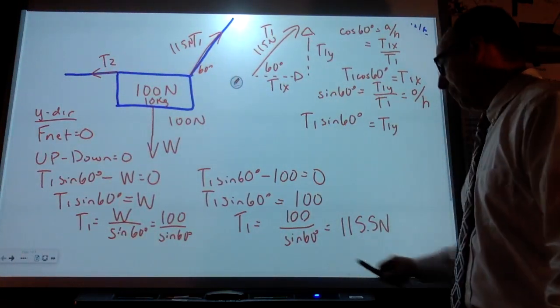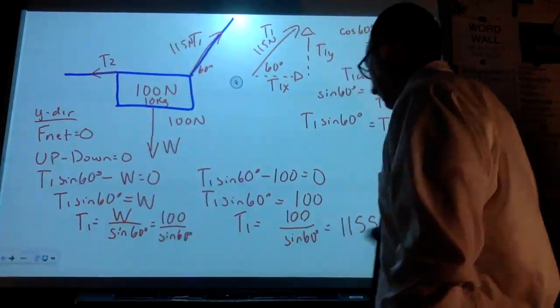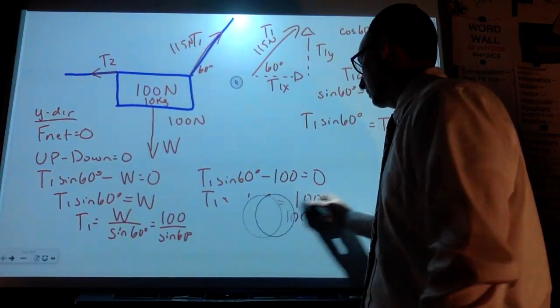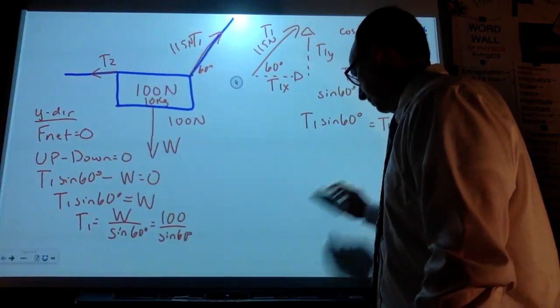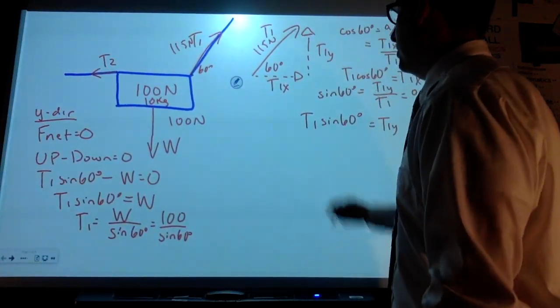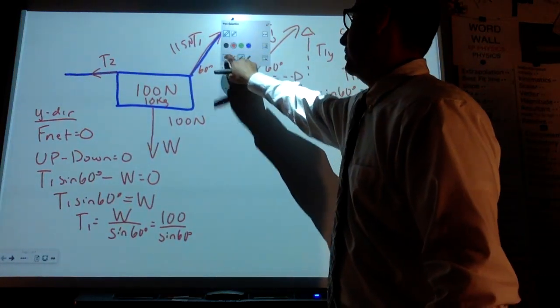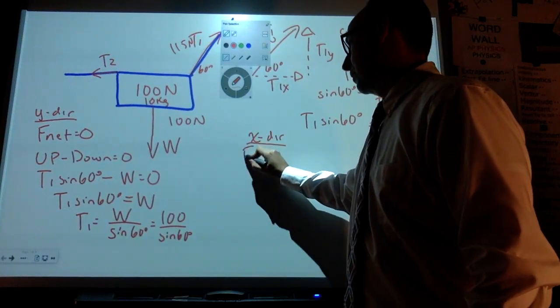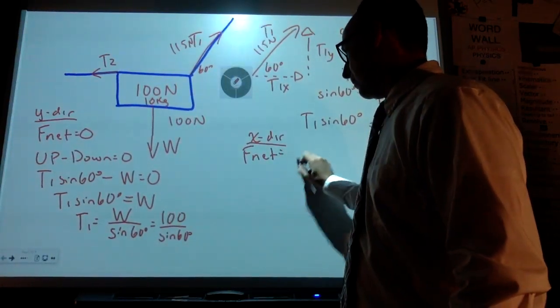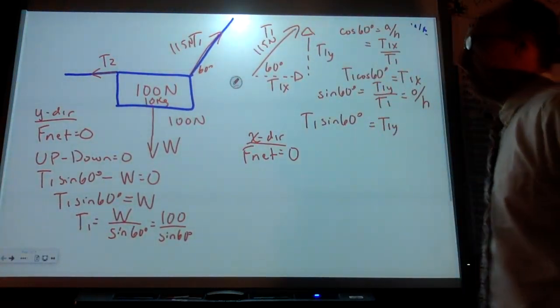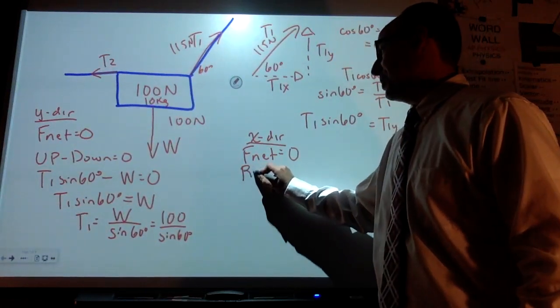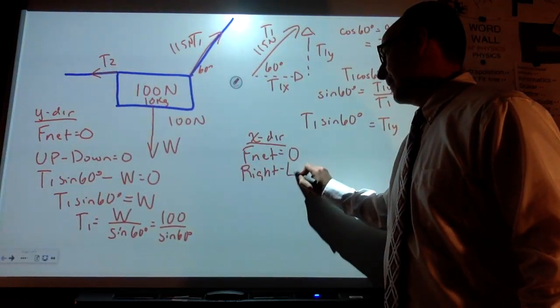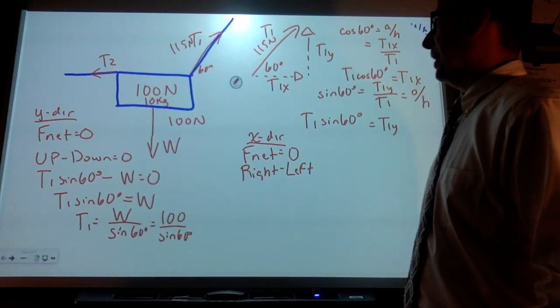And so I'm going to make a little bit of space for myself here. And I'm going to say in the x direction, Fnet equals 0. I'm going to take the forces to the right minus the forces to the left.